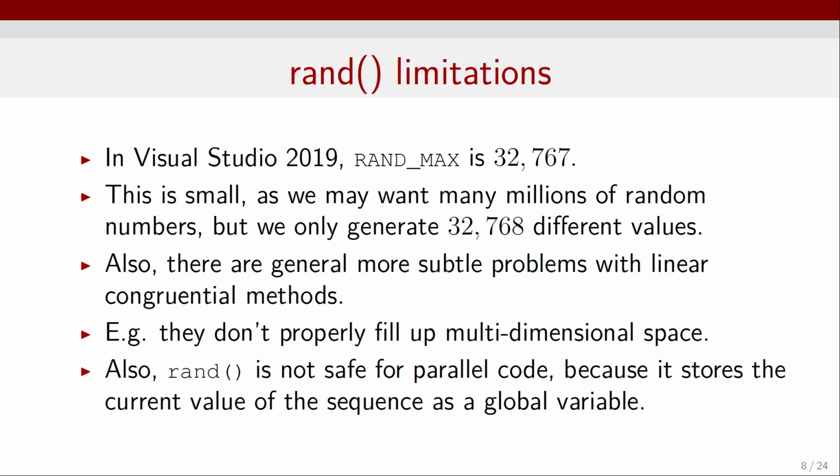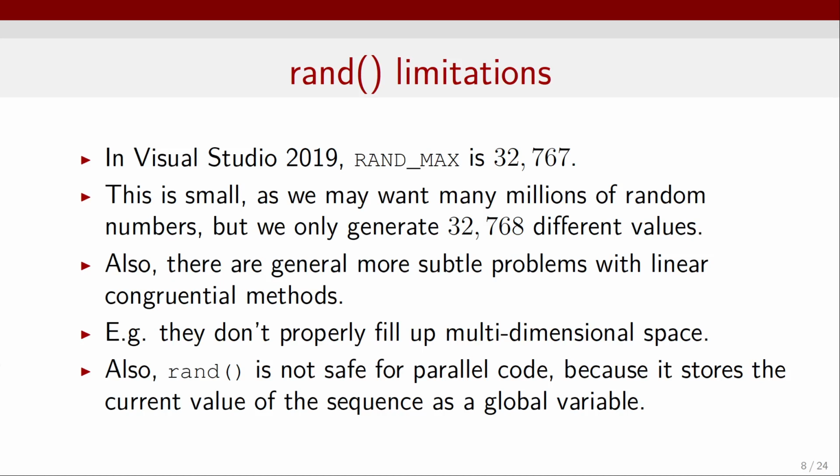Also, there are more subtle problems with linear congruential methods. For example, they don't properly fill up a multi-dimensional space. So, for example, if you try to calculate probabilities in poker using a Monte Carlo simulation using these numbers, you will not get very accurate results.